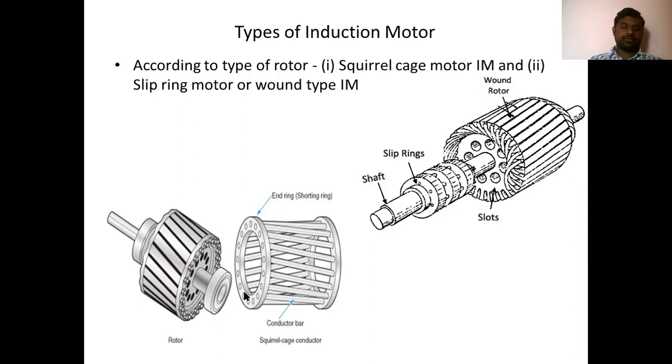So these are short circuited end rings. So this side and this side we have short circuited end rings. These are the copper bars. So this is the squirrel cage type rotor, and this is a wound rotor type induction motor, and it has slip rings on the shaft. These winding terminals are connected to these slip rings with the help of brushes. So these are the different types of induction motors.